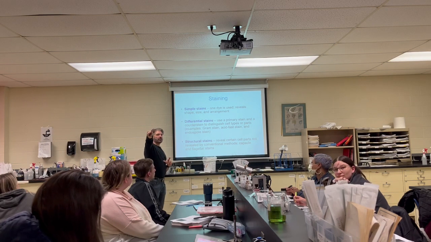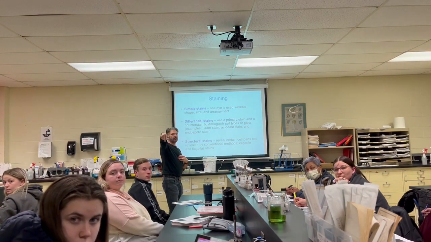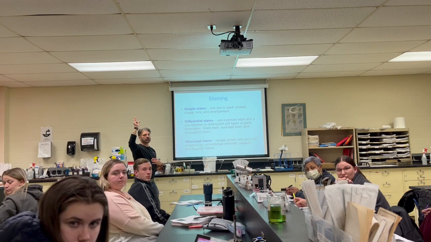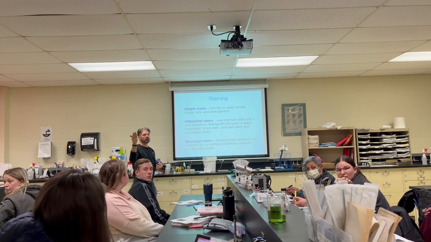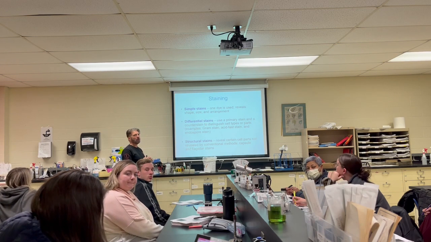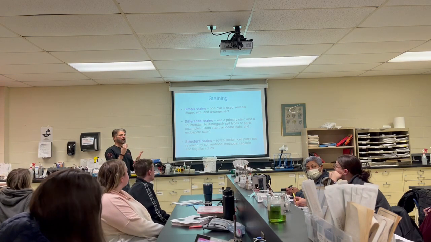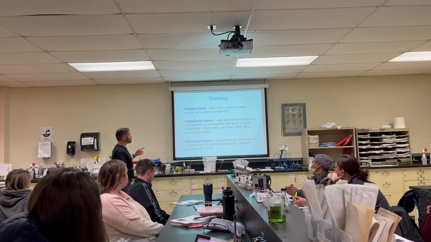So everyone see in the middle there, that wood or cardboard looking thing with all those different bacteria shapes on it? So when we do a simple stain, we'll just be able to tell the shape, but like I said, we don't know whether it's gram positive or gram negative. We don't know the composition of the cell wall, but at least we can say, is it a rod shape, is it a coccus shape, or whatever it happens to be.